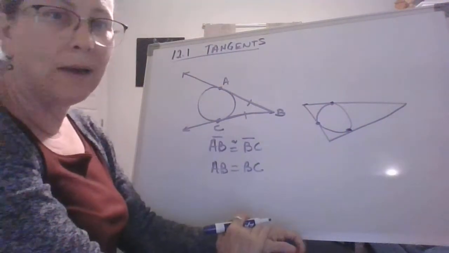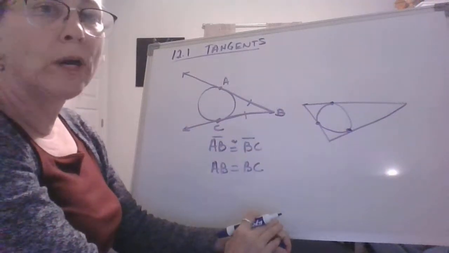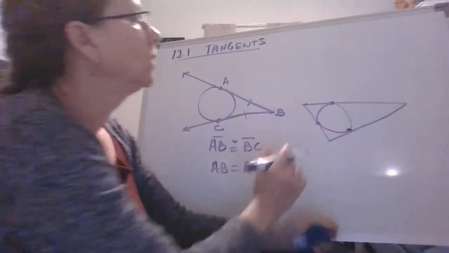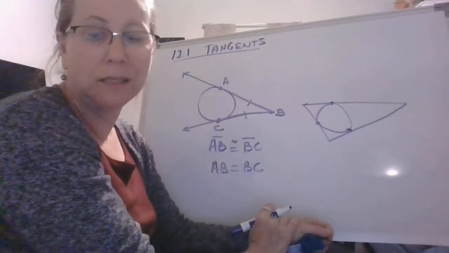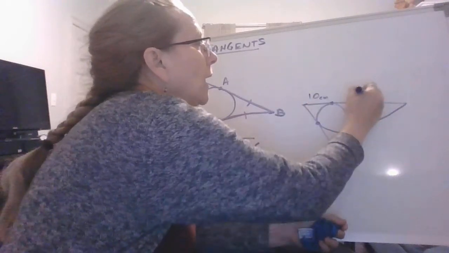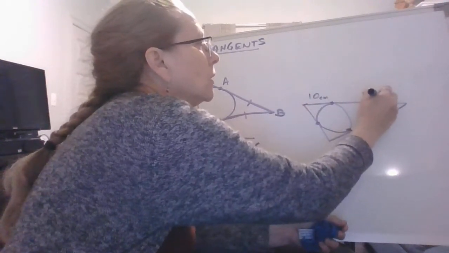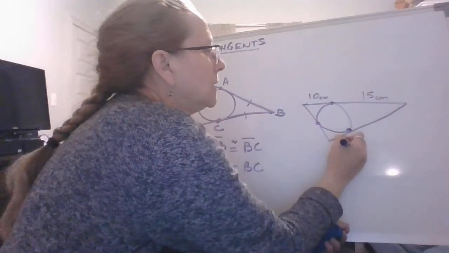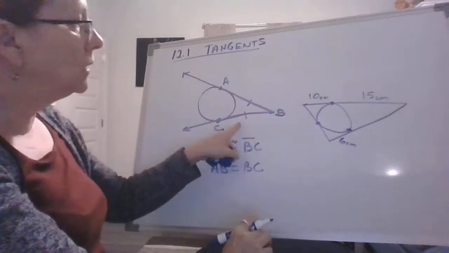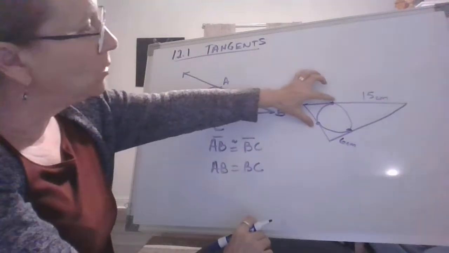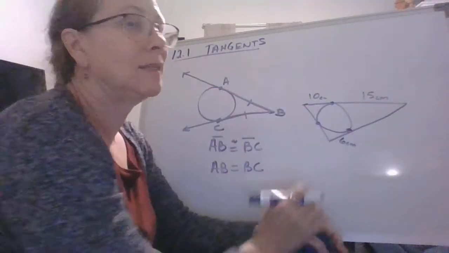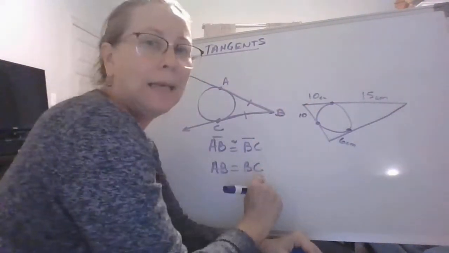So let's say we have this picture, a triangle with a circle in it. And the numbers, pardon if it's not exactly to scale, are 10 centimeters here, 15 centimeters, and let's say 6 centimeters. Using this principle, if these two tangents meet at an exterior point here, then that means this is also 10.